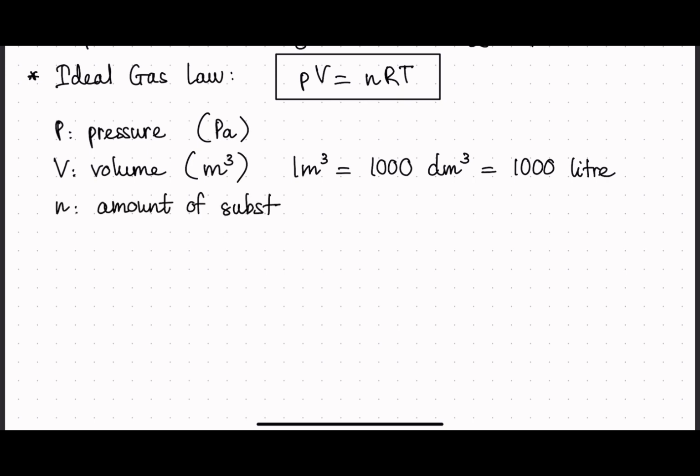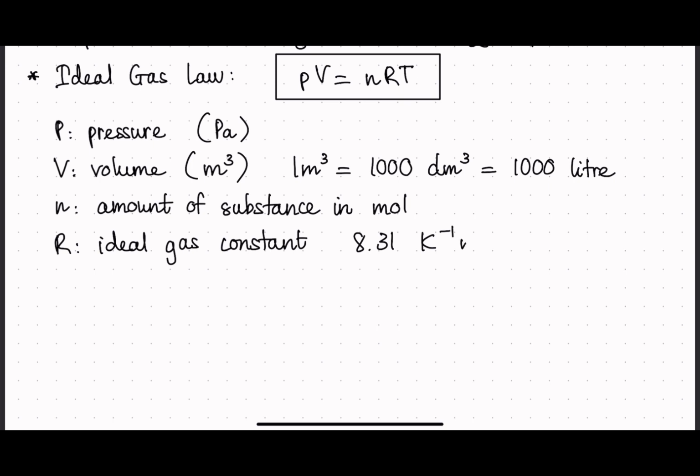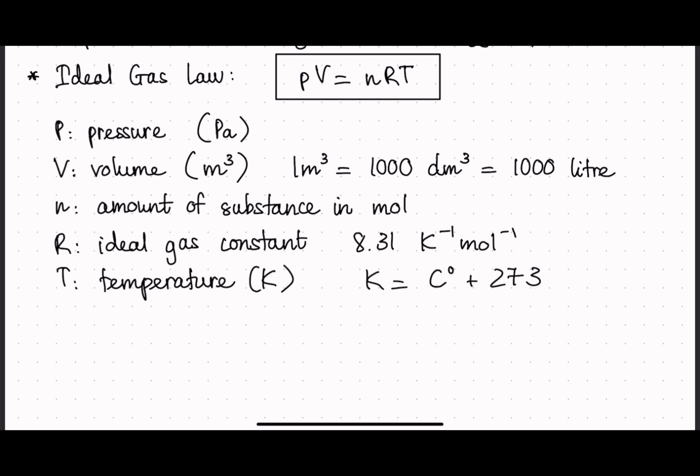So remember to convert dm cube to meter cube, or liter to meter cube, in your calculation. And n is for the amount of substance in mole. R is the ideal gas constant, which is 8.31 J K minus 1 mol minus 1, which is also in your data booklet. Temperature is in Kelvin. So Kelvin is equal to Celsius plus 273.